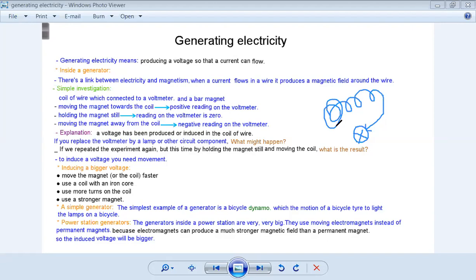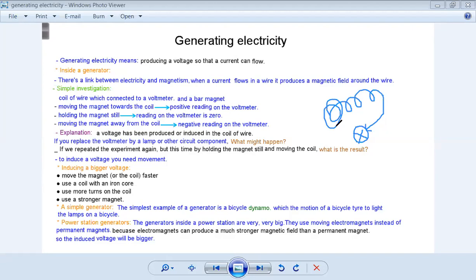They are much, much bigger. Here they use moving electromagnets instead of permanent magnets. We all know that electromagnets are much stronger than the bar magnet, which is the permanent magnet.